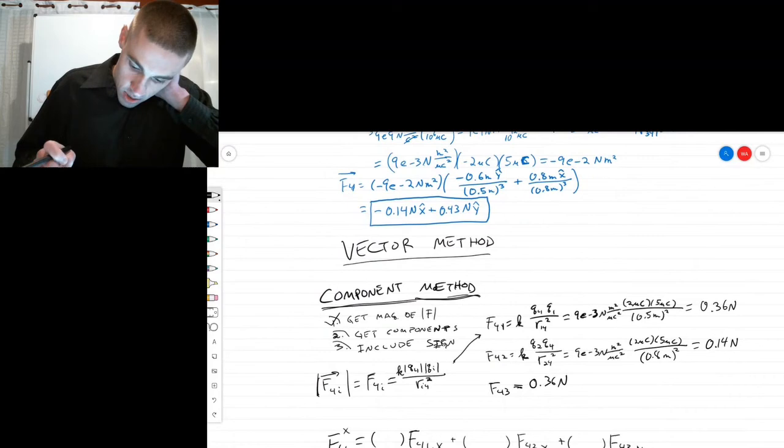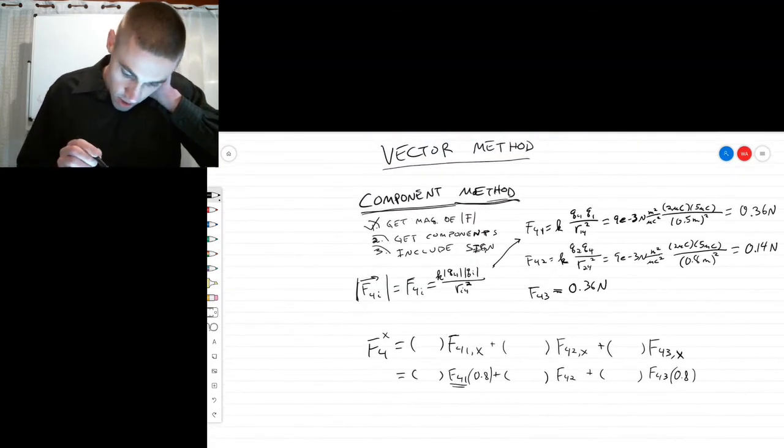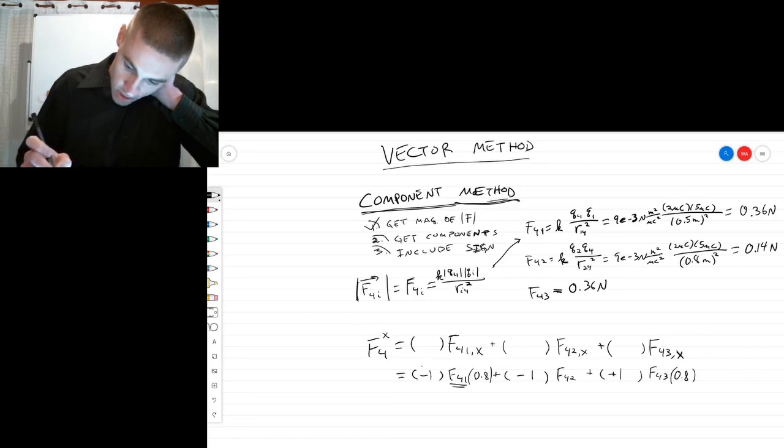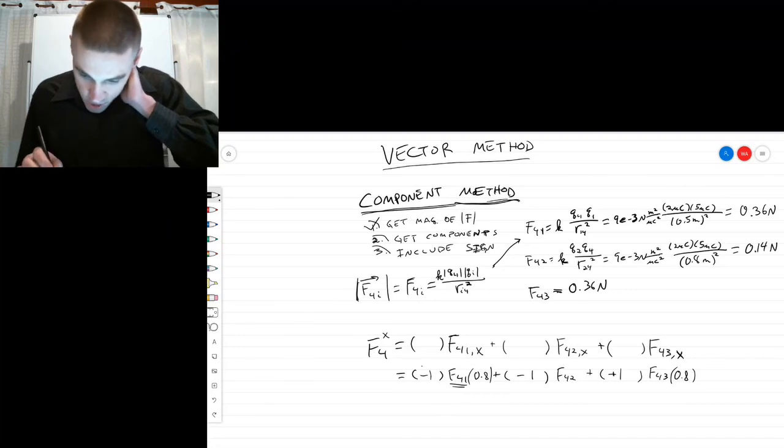So let's include those in here: F41 was in the negative x direction, and F42 was also in the minus x direction, but F43 was in the positive x direction.